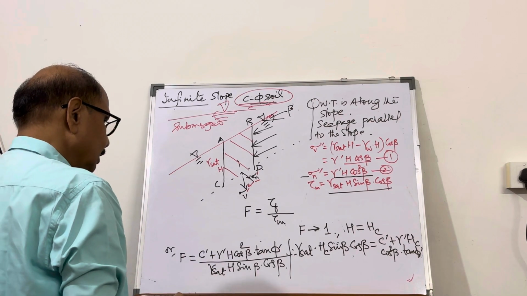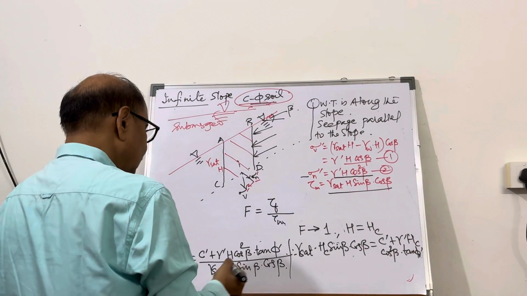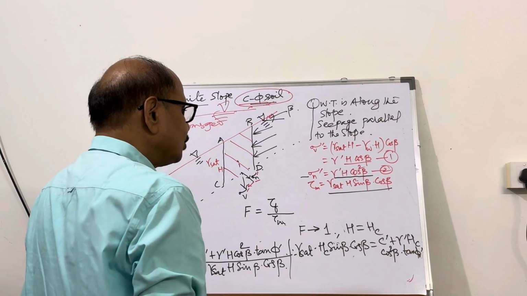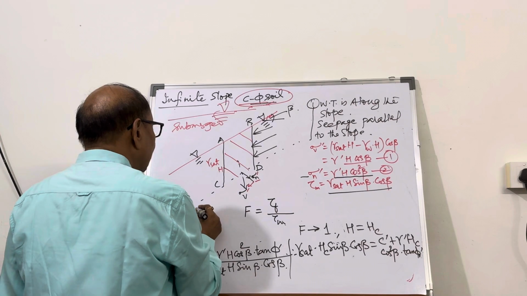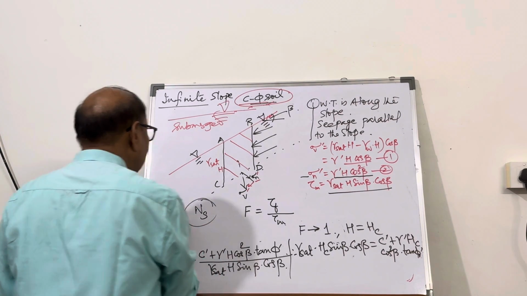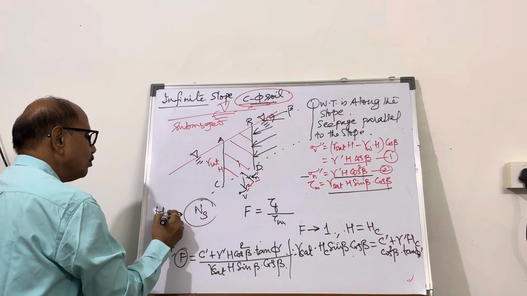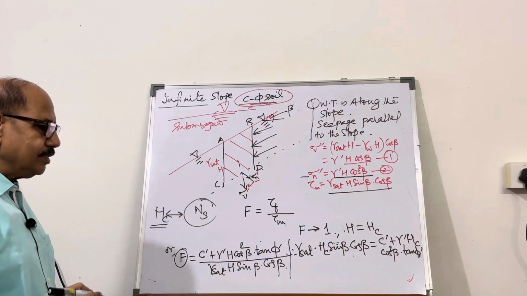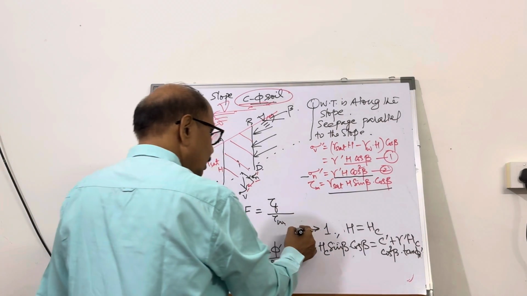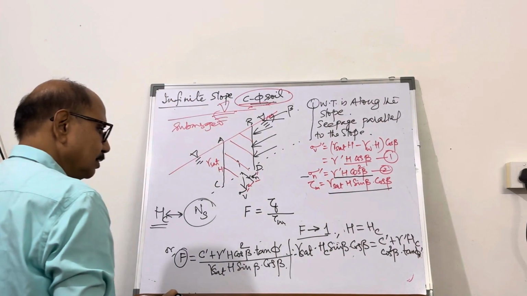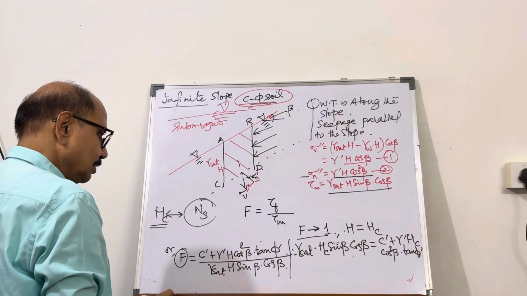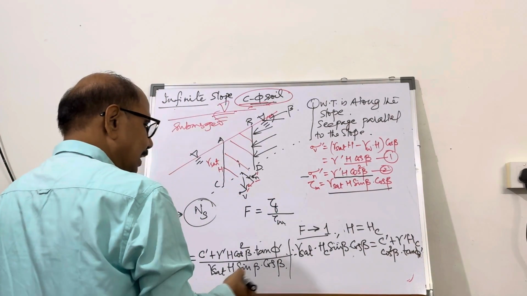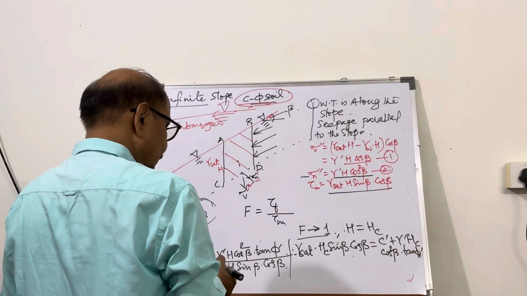So not only the factor of safety, but you can also find out the critical height this way. One way is to find out from a stability number. You can find out the critical height from a stability number, or if you know the critical height, you can find out the stability number, or else equating factor of safety to 1, H becomes H critical, and therefore here also you can simplify it and get the value of H critical.